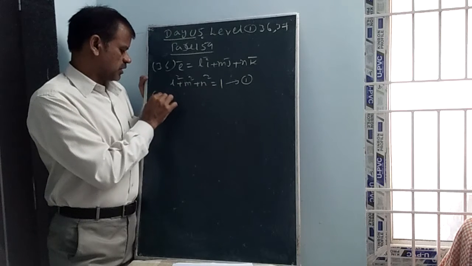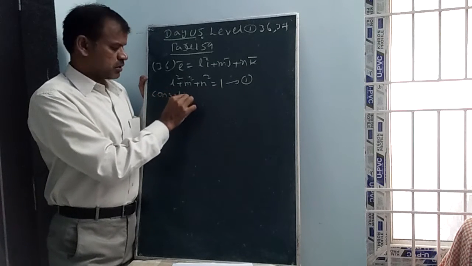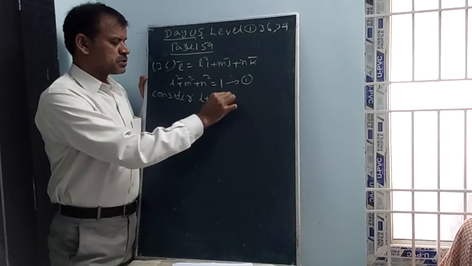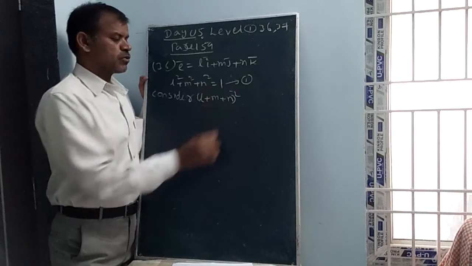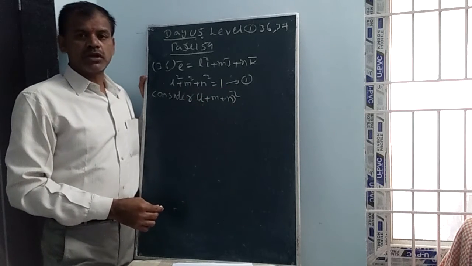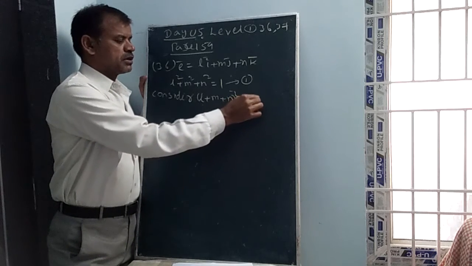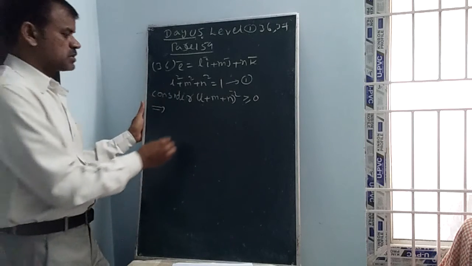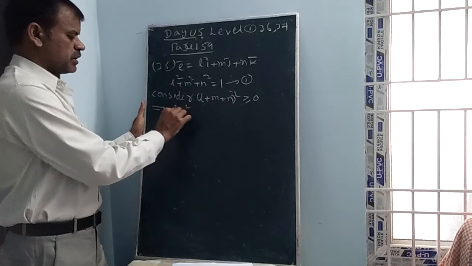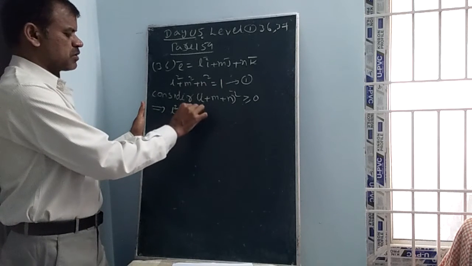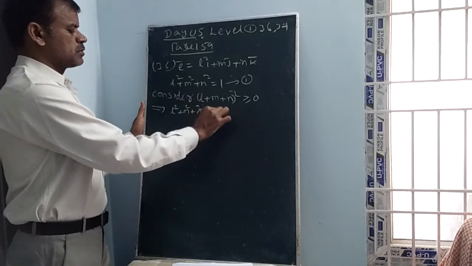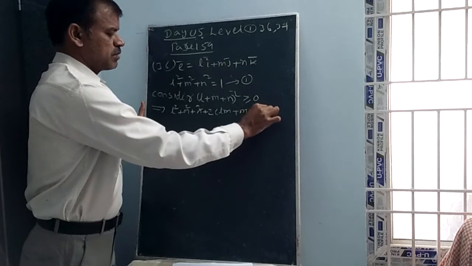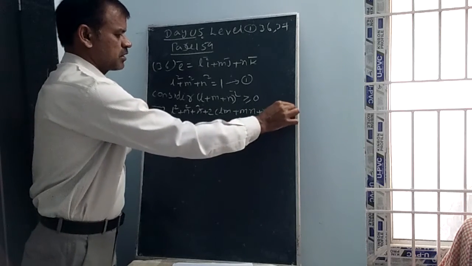Now consider L plus M plus N whole square. We know that every square is greater than or equal to 0, so you can write this greater than or equal to 0. According to the formula for a plus b plus c whole square, you can write L square plus M square plus N square plus 2 into Lm plus Mn plus Nl, this is greater than or equal to 0.